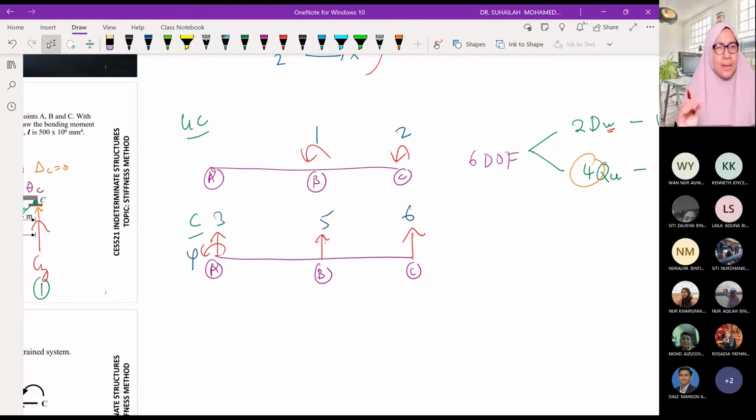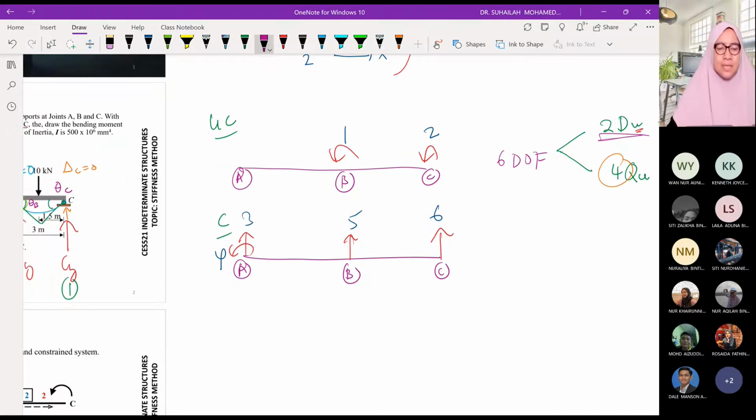And whenever we label, we have to label unconstrained first, because we will get the unknown displacement first, then the unknown reaction. So we label 1, 2 in the unconstrained system. Two unknown displacements are located in the unconstrained system, and 4 unknown reactions located in the constrained system. So the label is like this.